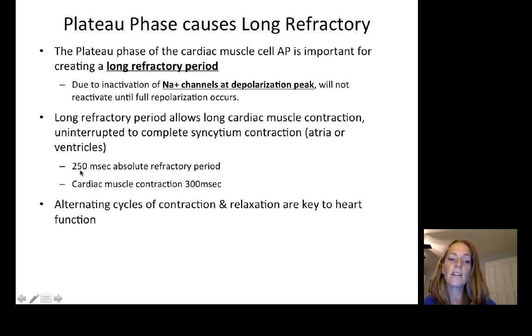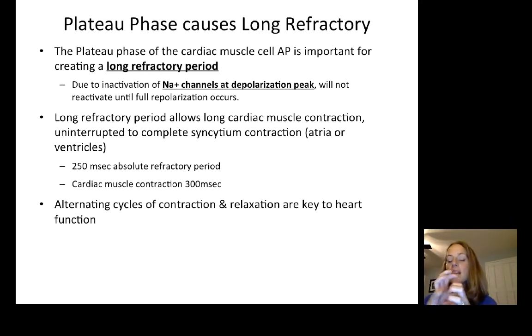It's about 250 milliseconds, and the cardiac muscle contraction lasts about 300 milliseconds. So this is not an accident. We need to allow time for the cardiac muscle to contract so that you get a full pumping of the muscle cells before you get relaxation and before you start a new pumping. So the cycle in the heart is pumping, filling, pumping, filling.